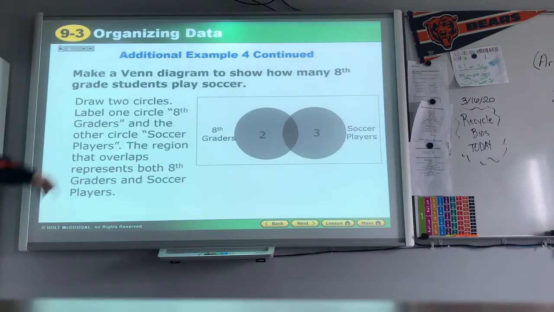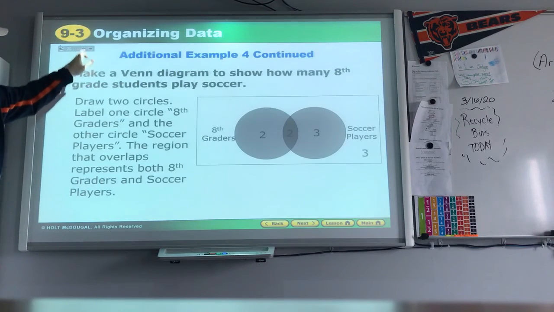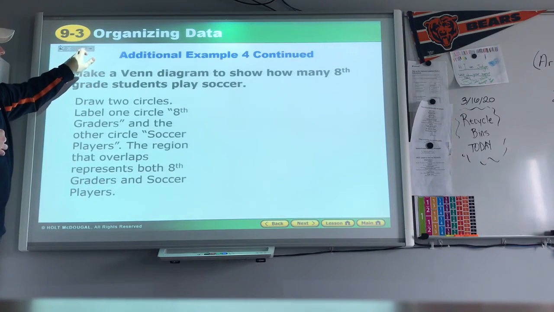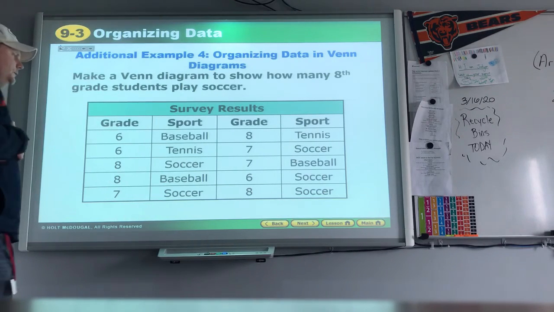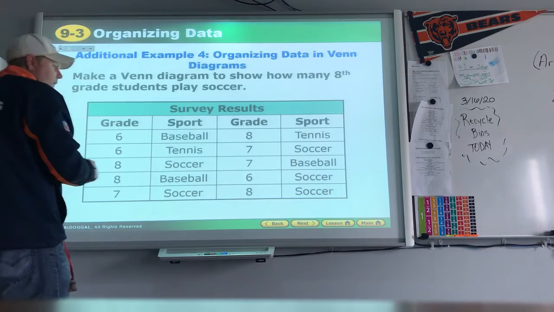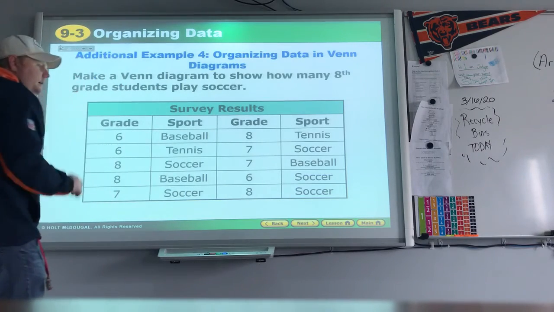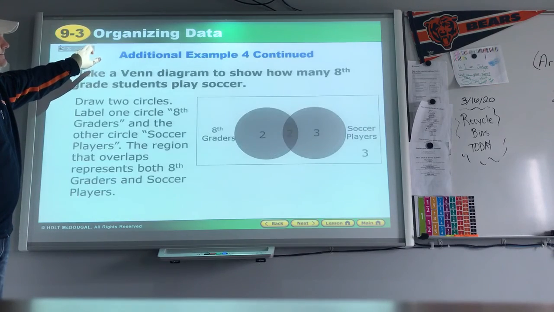So there were 2 8th graders. There were 3 soccer players. And there were 2 of the whole group. Let's go back. So, grade 8, baseball. Grade 8 soccer, and we have our different data and our different numbers.